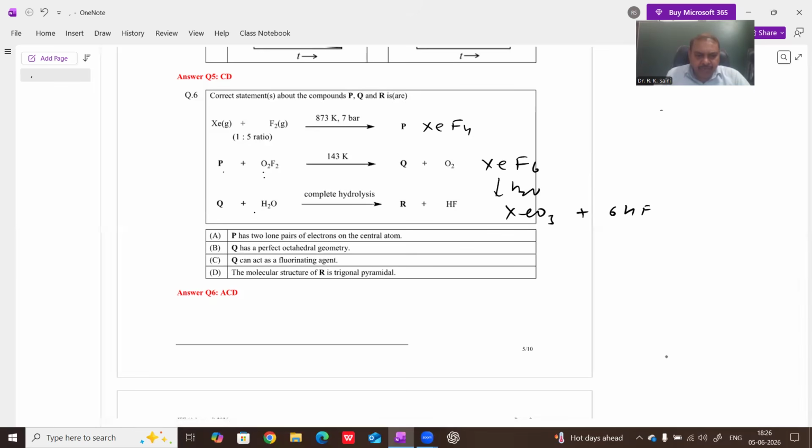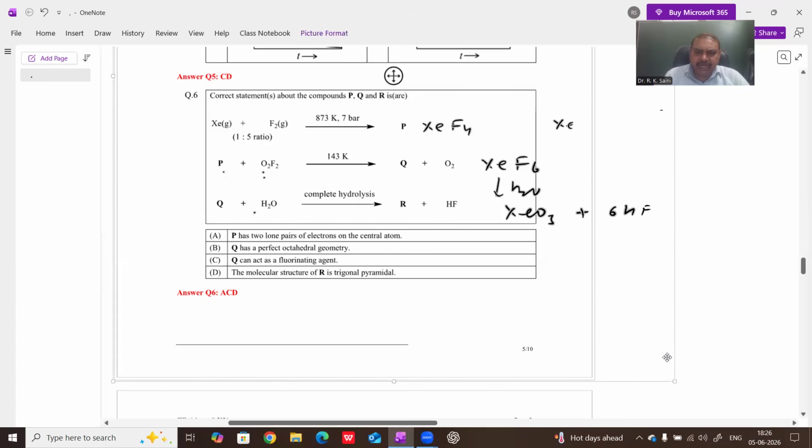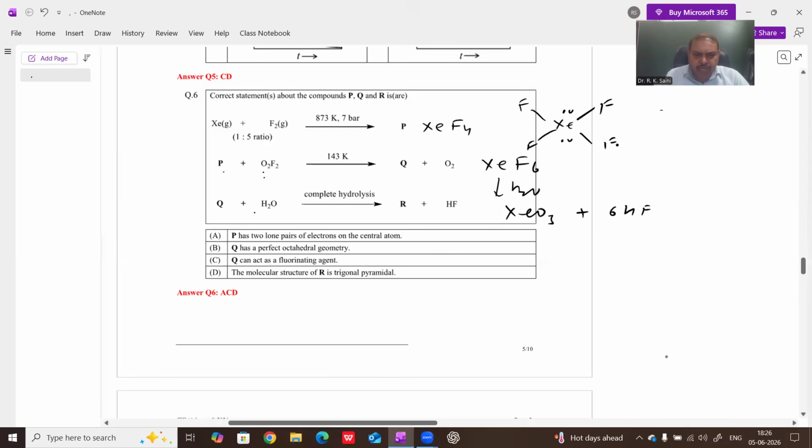Now, consider the first statement: P has 2 lone pairs of electrons at the central atom. Correct, because P has square planar geometry in which 2 lone pairs are present on xenon, because 4 electrons take part in bonding and 4 electrons remain as lone pairs. Second statement: Q has perfect octahedral geometry.